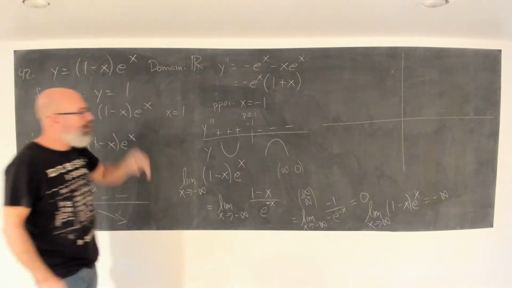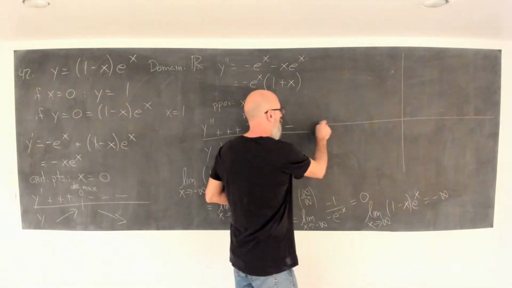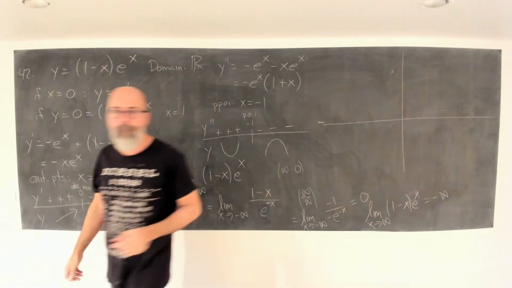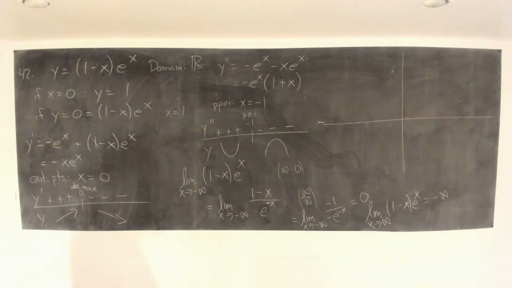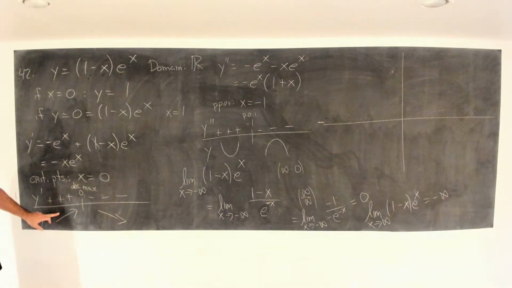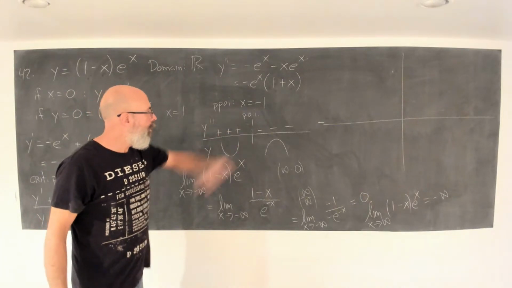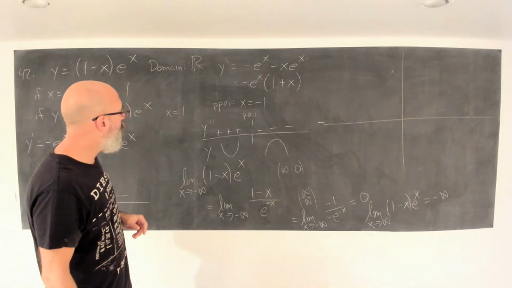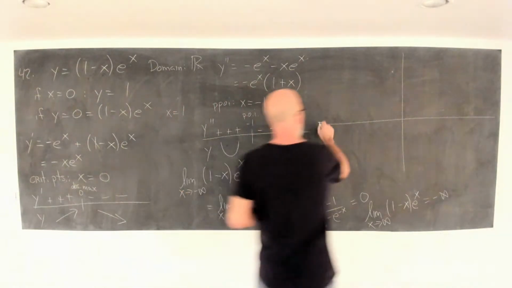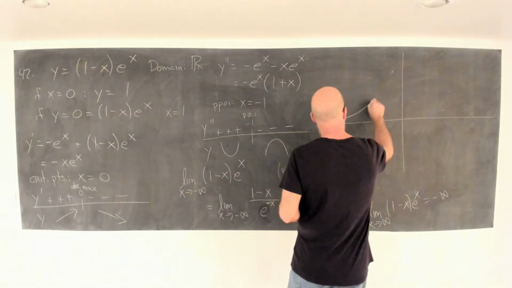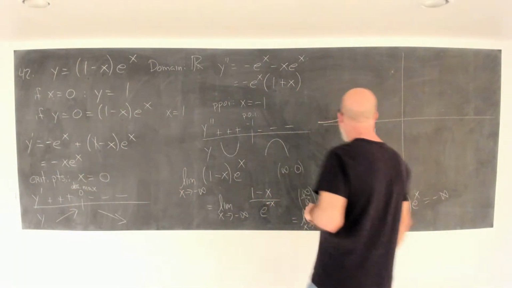So positive, positive, you're just above 0. What's happening? Increasing, concave up, all the way to -1.